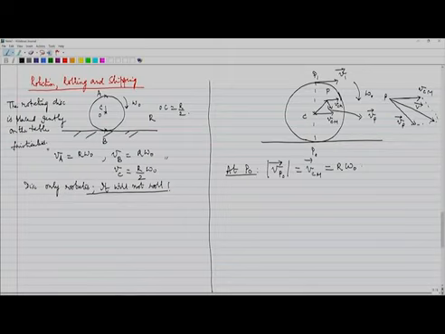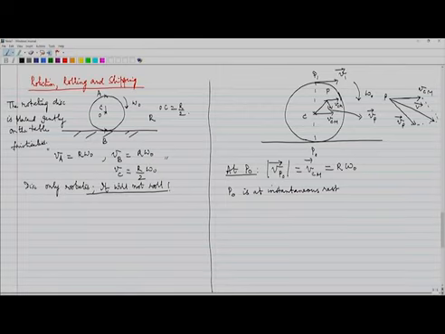So at this particular point P naught, when it is rolling, it should be at instantaneous rest. That is what you call it. P naught is at instantaneous rest. Why is it at instantaneous rest? That is because its linear velocity should match the velocity of the center of mass.